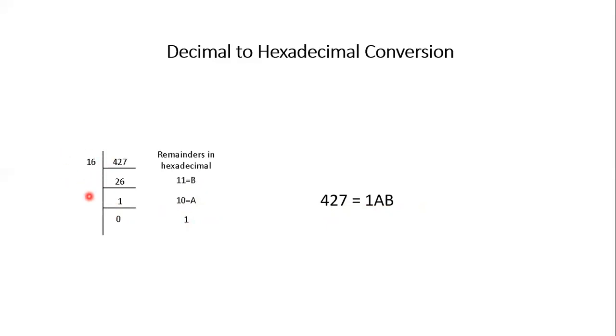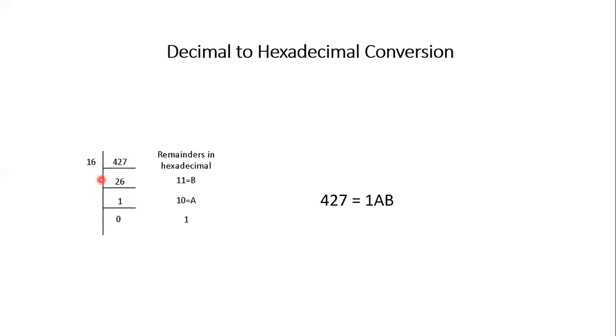Here the base is 16, therefore we divide the number by 16. So 42, 2 times 16 is 32. So we put 2. Then 42 minus 32 means 10. So 107. 107 divided by 16, 96.